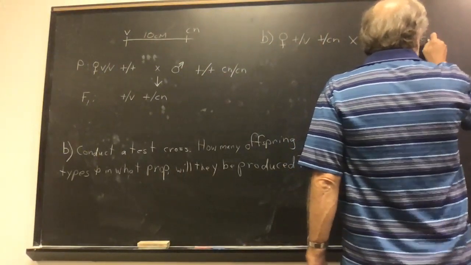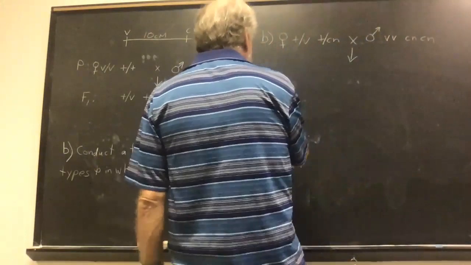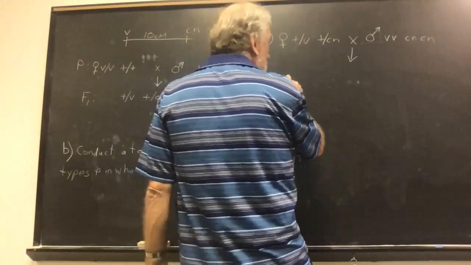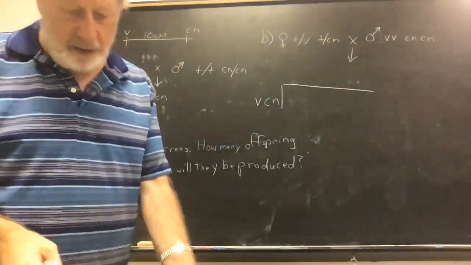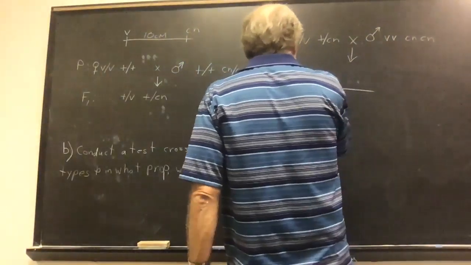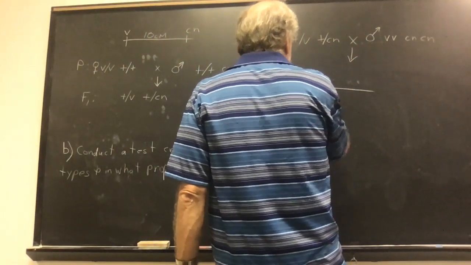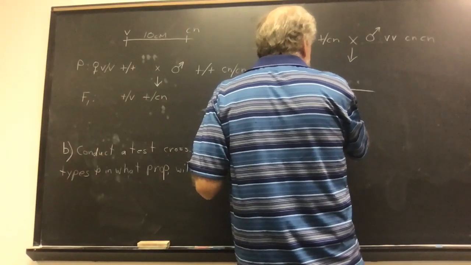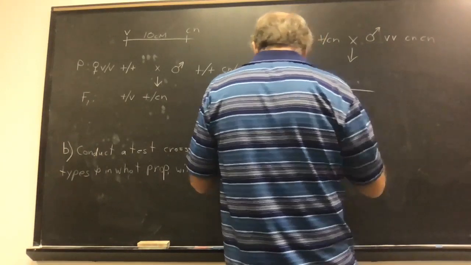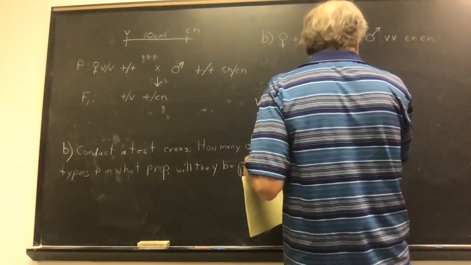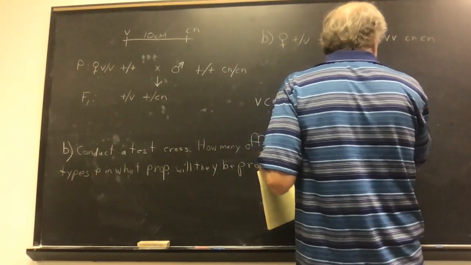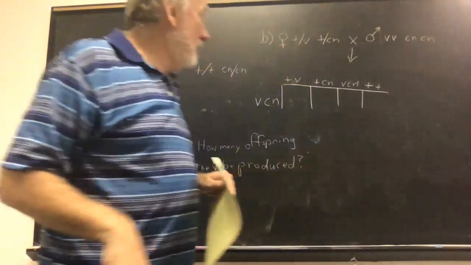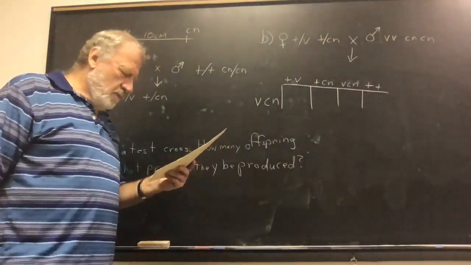Vestigial cinnabar homozygote, and the male, I'll put his there, and then with the female, CN. So that's how we'd set up our modified Punnett square, if you will.